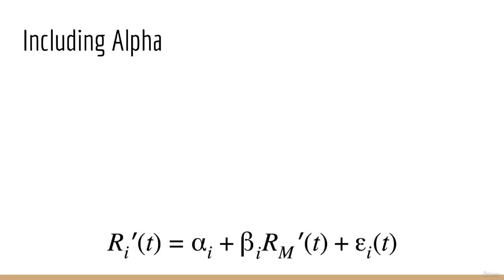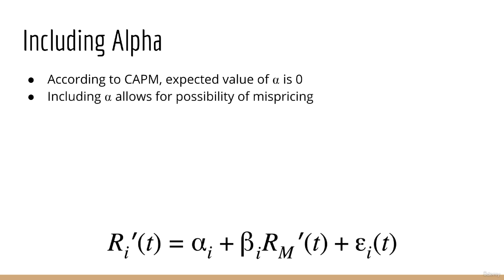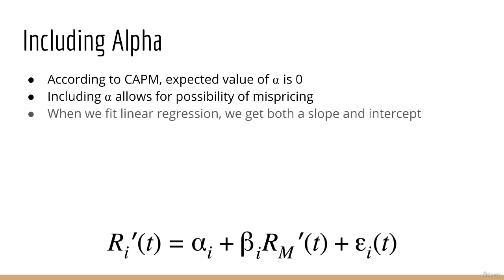A more elaborate model involves adding an alpha term to our previous equation. Note that, according to the CAPM, the expected value of alpha is 0, which is why it hasn't appeared until now. Including alpha allows us to account for the possibility of mispricing. As you recall, when we fit a linear regression, we get both a slope and an intercept. Thus, alpha represents the intercept.